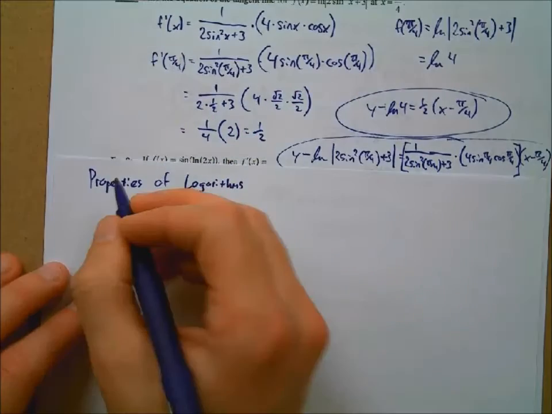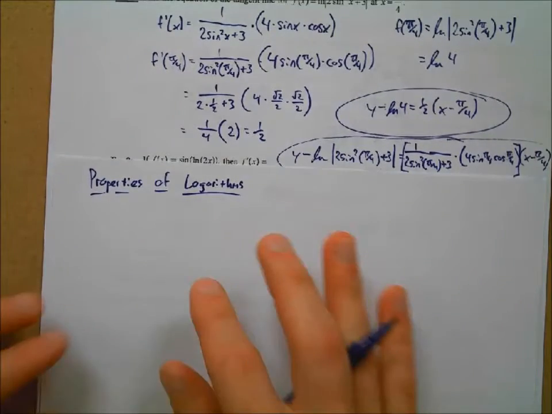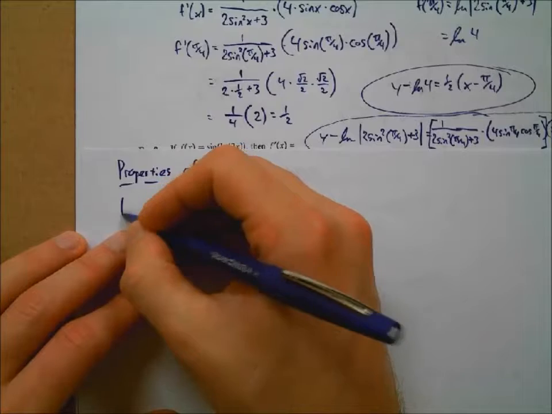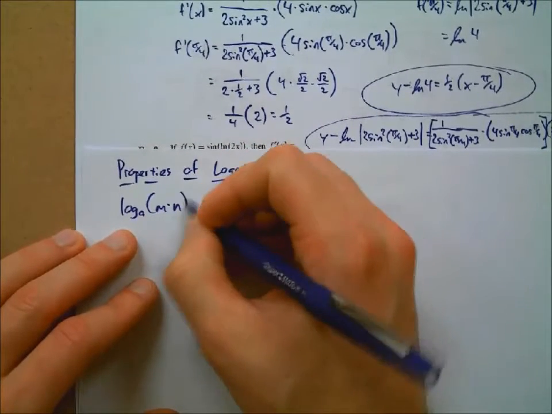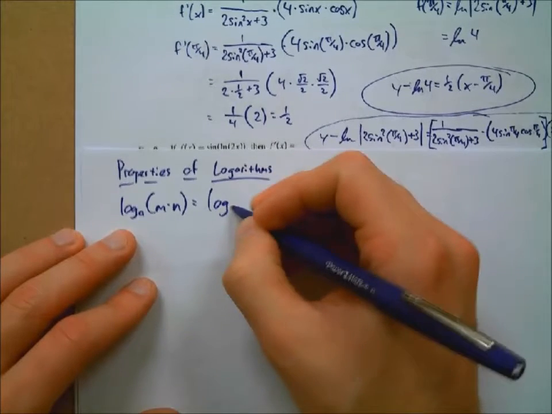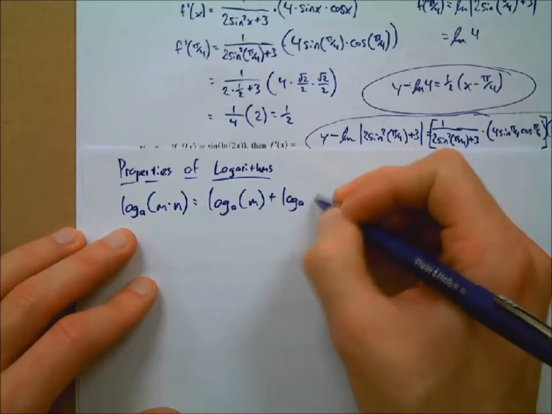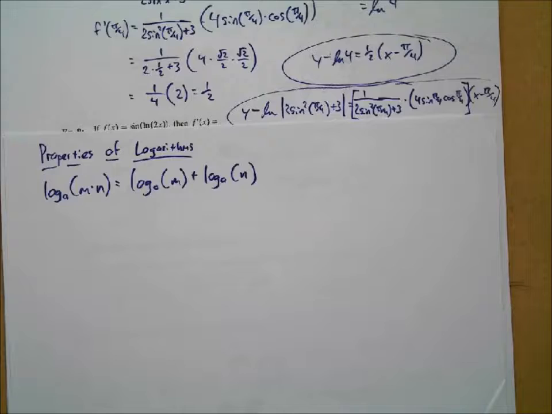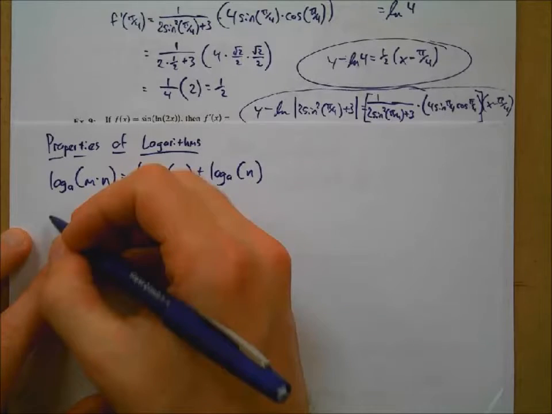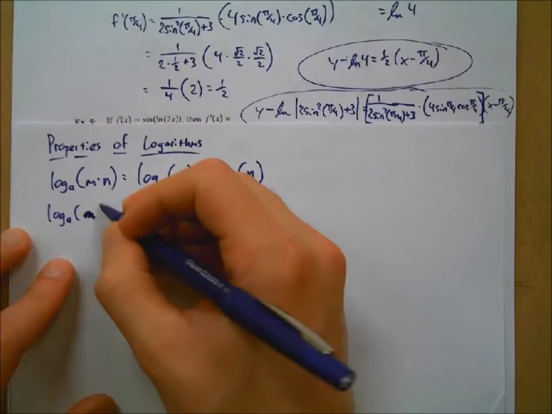I'm not going to do this very elegantly, but at least it will work. So log base a of m times n is equal to log base a of m plus log base a of n, right?